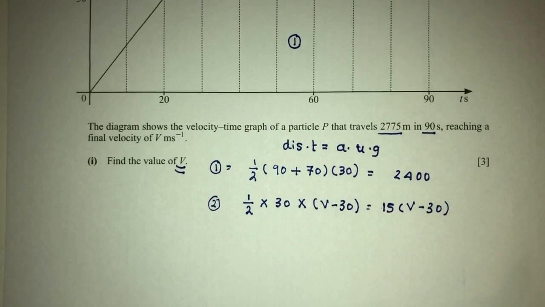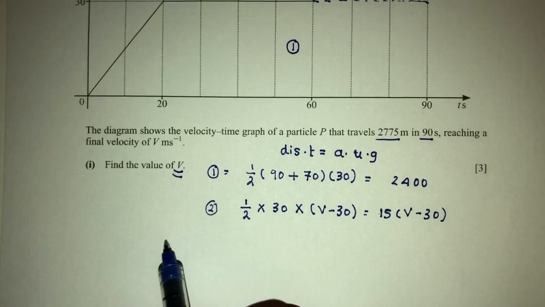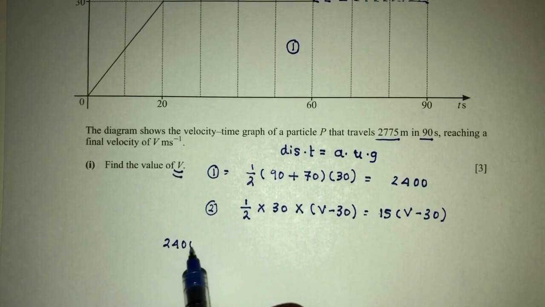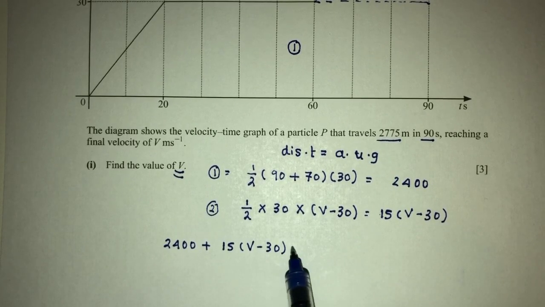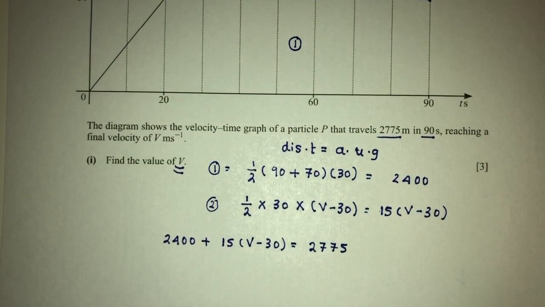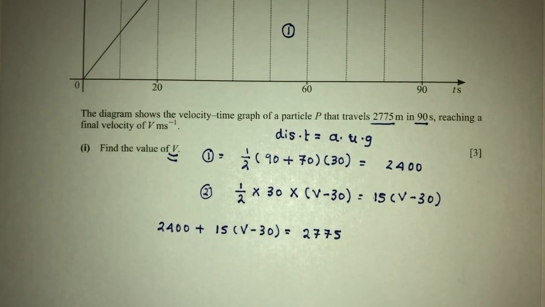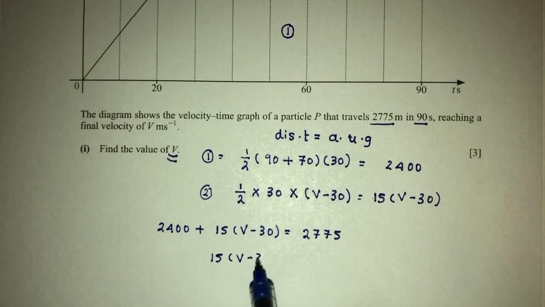Now let's see. We know that the area, or the distance traveled, is given by 2775. So if you take number 1 plus number 2, that should give you 2775. Now we have an equation, and we can solve for the value of v. You have 15 here, leave this alone by itself for now.